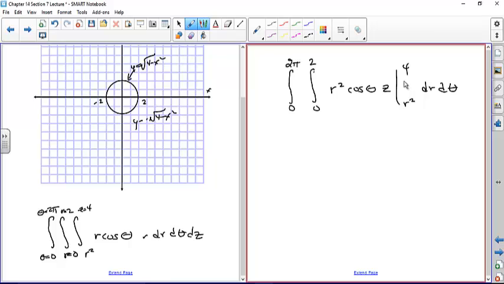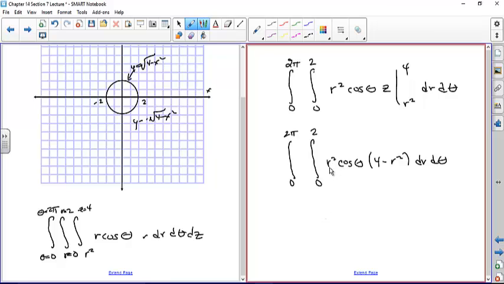So the integral of dz is z. Then we plug those two limits into our z. r and theta are still considered to be constants. So you'll get 4 minus r squared, dr d theta.